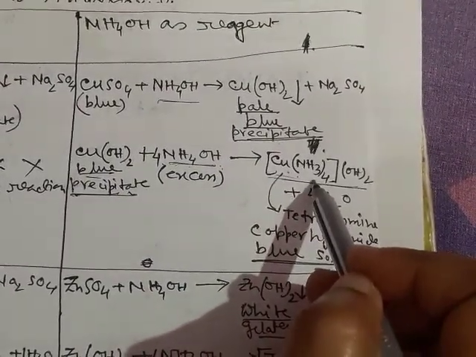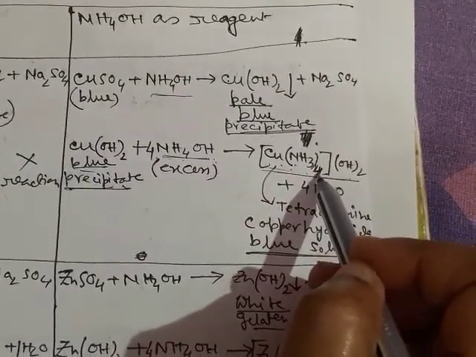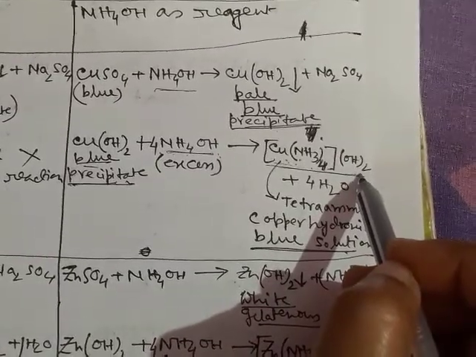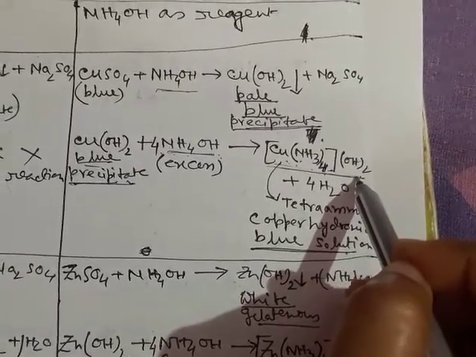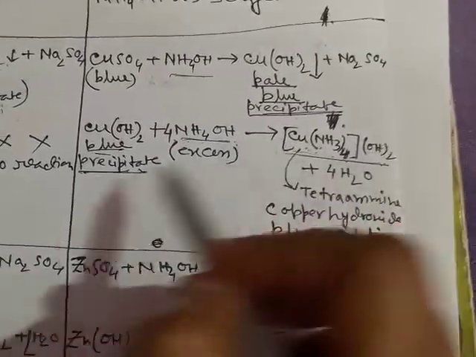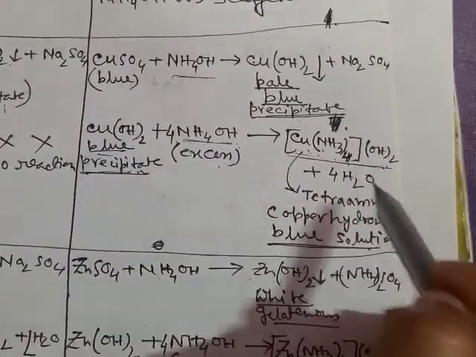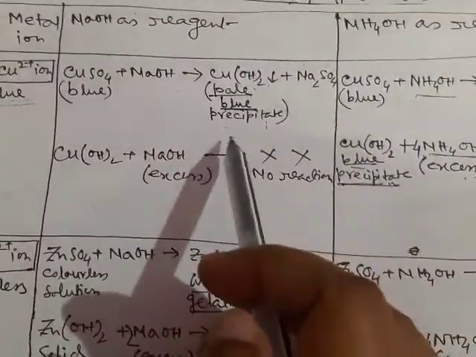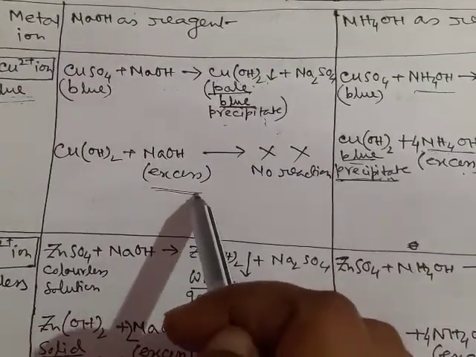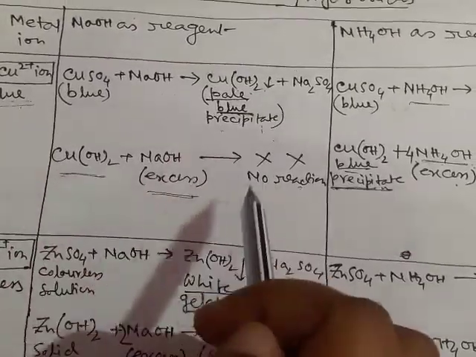This is tetraammine, as there are 4 ammine groups, so this is the tetraammine copper hydroxide complex, and this complex ion is soluble in water, so the precipitate becomes soluble in the presence of excess ammonium hydroxide, and water is also formed. Whereas in the case of NaOH, after formation of the precipitate, if you add excess NaOH, then there will be no reaction; the precipitate remains intact.